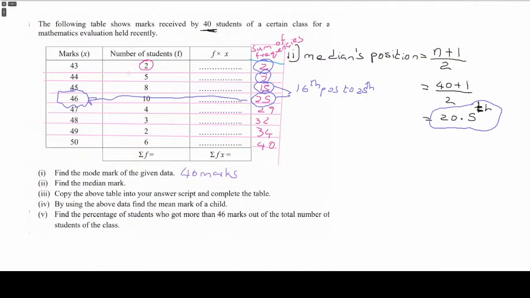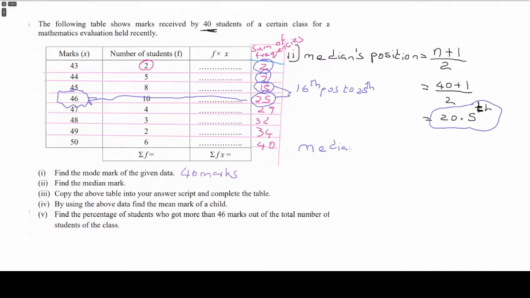So where is this 20.5th position? 20.5th is in between 16 and 25. 20.5 is a number that is between 16 and 25, which means the student in the 20.5th position should have got 46 marks. So then what is the median mark?